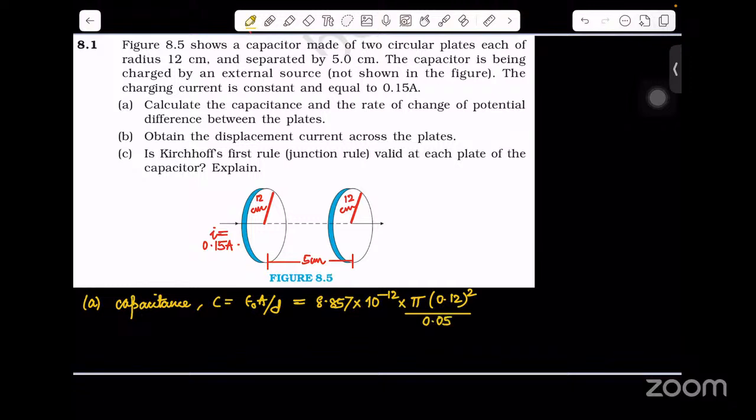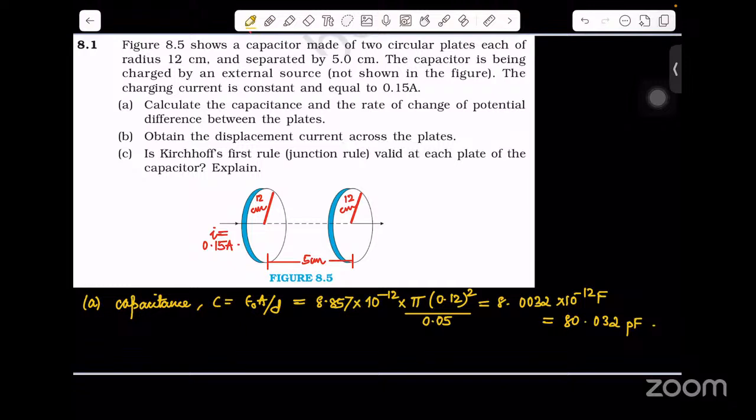If you solve this in a calculator, you'll have 8.0032 into 10 raised to the power minus 12 farads, which is the SI unit of capacitance. And so this should equal 80.032 picofarads. Okay, so this is the capacitance which we found out.